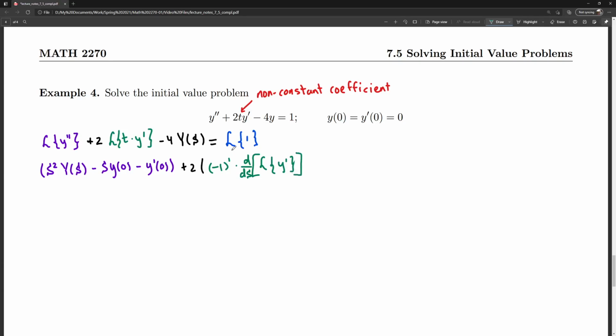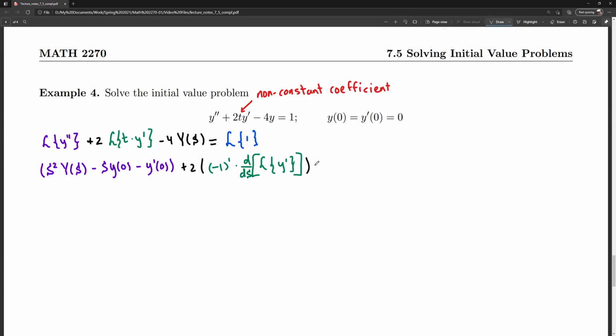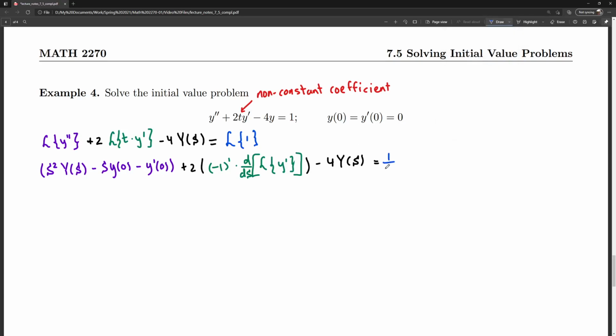The way to get rid of that extra factor of t is by turning that into differentiation in the s domain. And so we subtract 4Y of s, and then on the right hand side, the Laplace transform of 1, that's 1 over s.